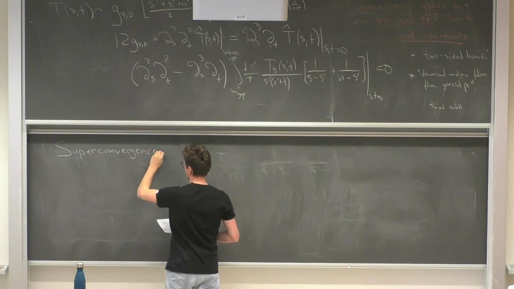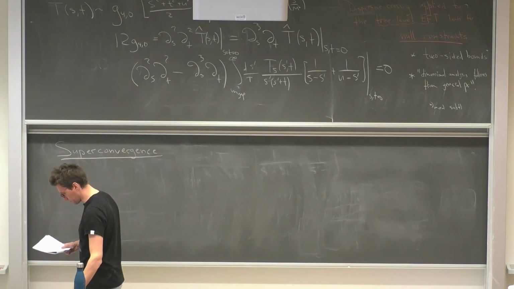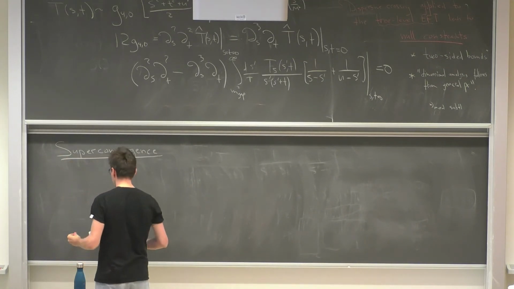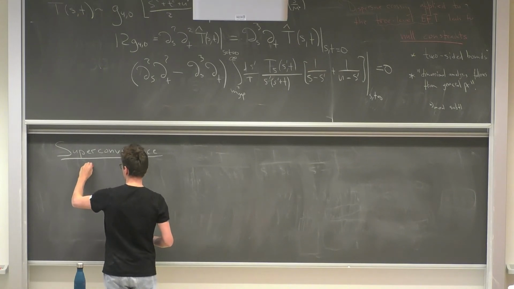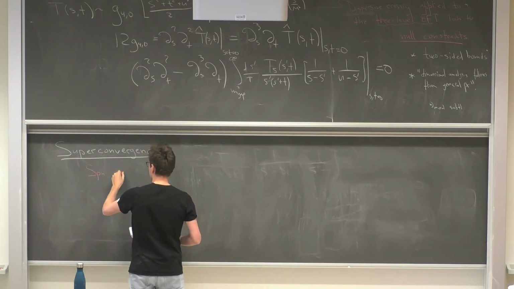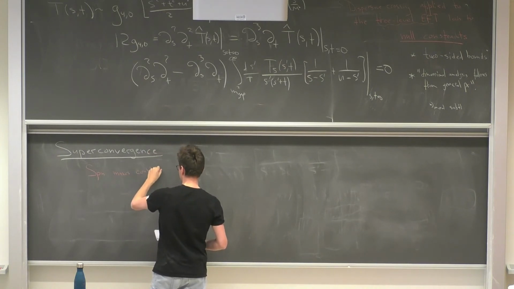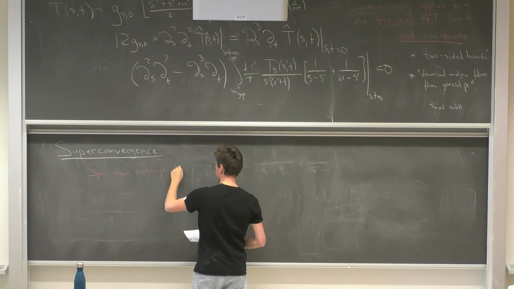And again, this is some basic effect about spinning particles. So superconvergence is the following fact: that spin makes couplings dispersive.